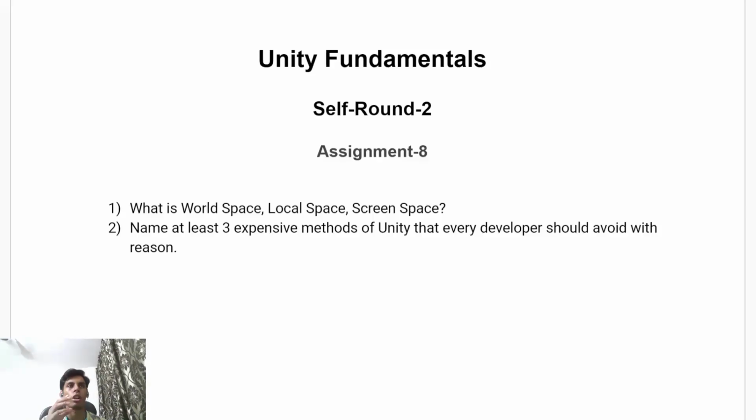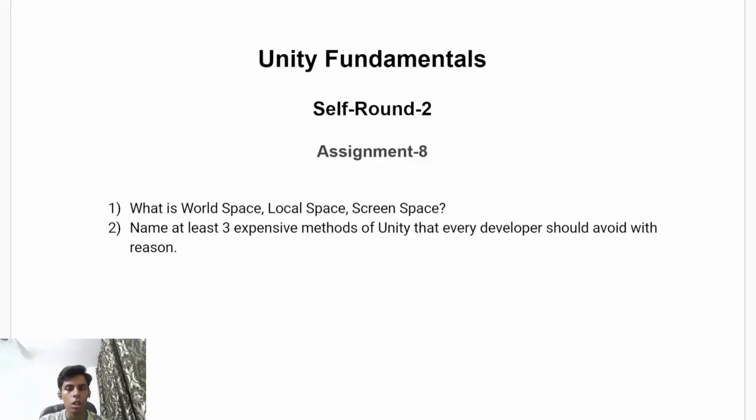The coordinates increase as we go down or to the right side of the screen. An example of screen space can be seen in UI elements of the game, like if we are creating a button or health bar of a player. It is placed based on screen space coordinates.